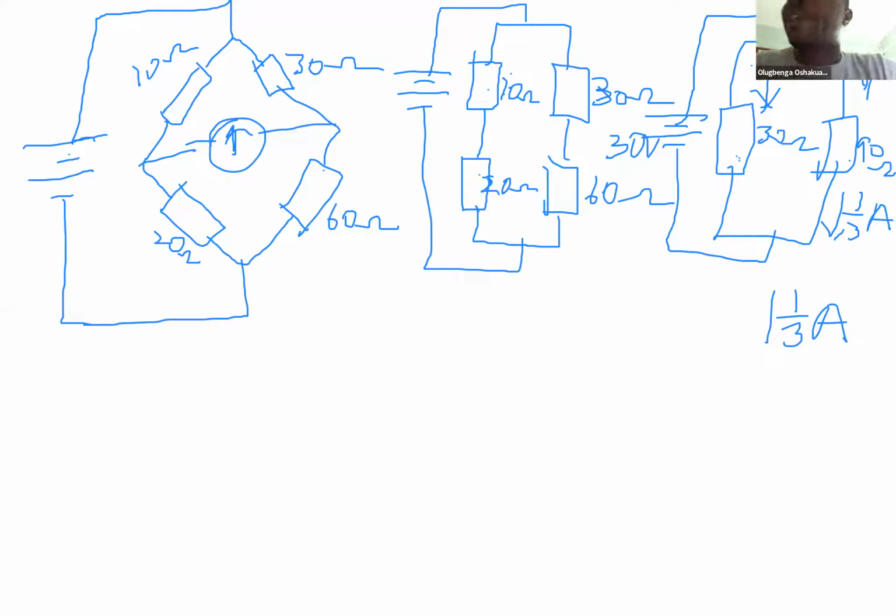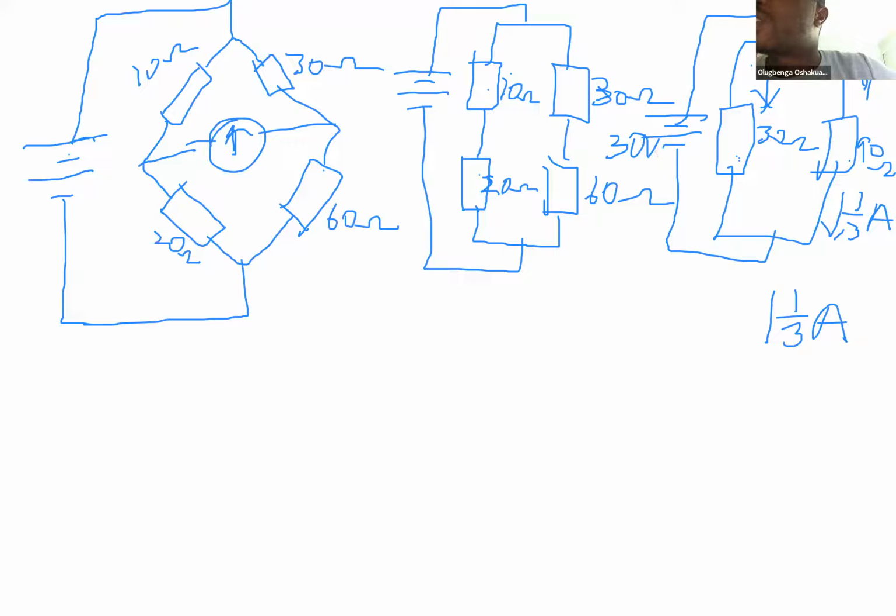So when 1 ampere flows through this channel, what it means is that, let me get another color. I said after the class you can resolve these two resistors in parallel, replace with a single resistor, and then calculate the current that will flow out of this 30 volt battery.